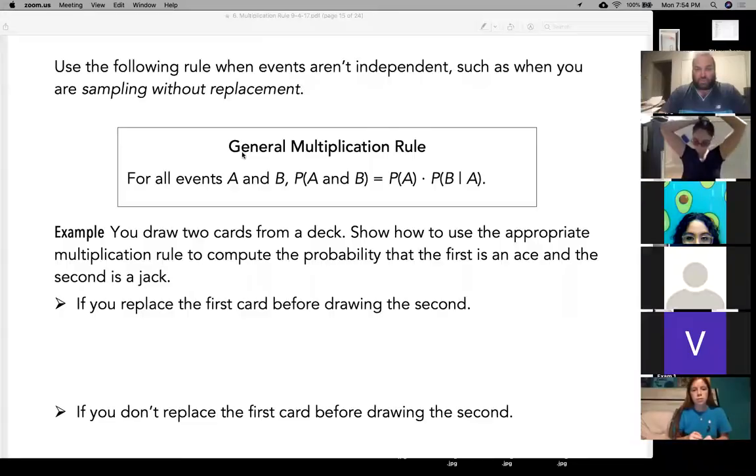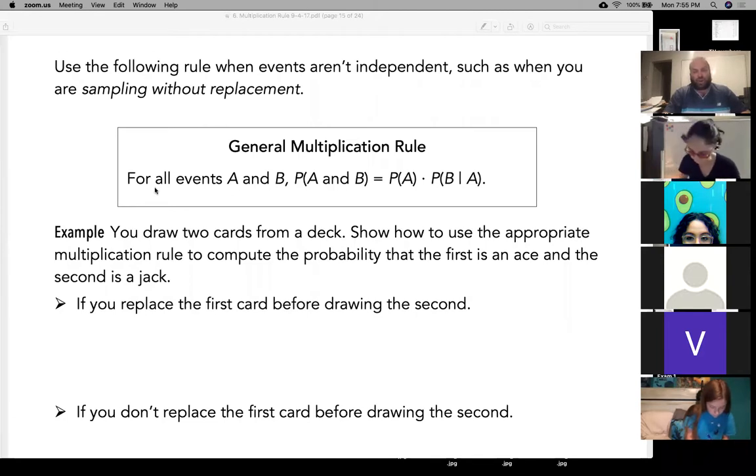This is good. I see this formula now, which means I can answer your question from before, hopefully. Use the following rule when events are not independent, such as when you are sampling without replacement. The example that we just did is a situation of not independent events. So we have the general multiplication rule.